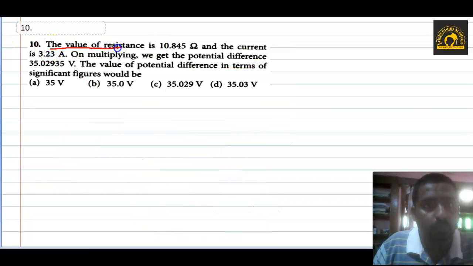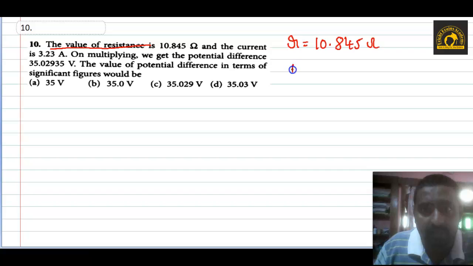The value of the resistance is equal to 10.845 ohm and the current is equal to 3.23 ampere.